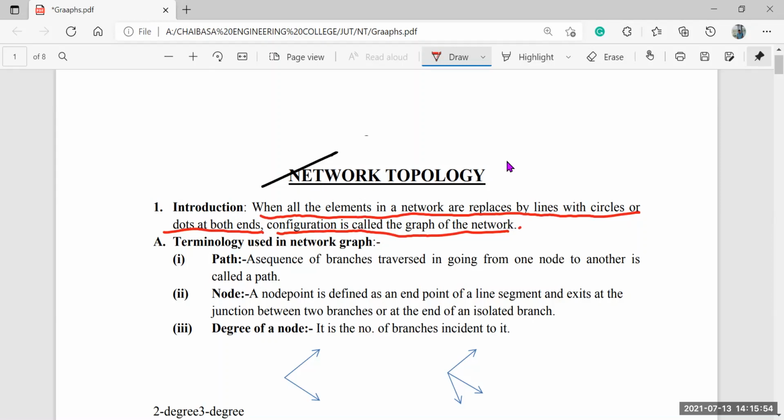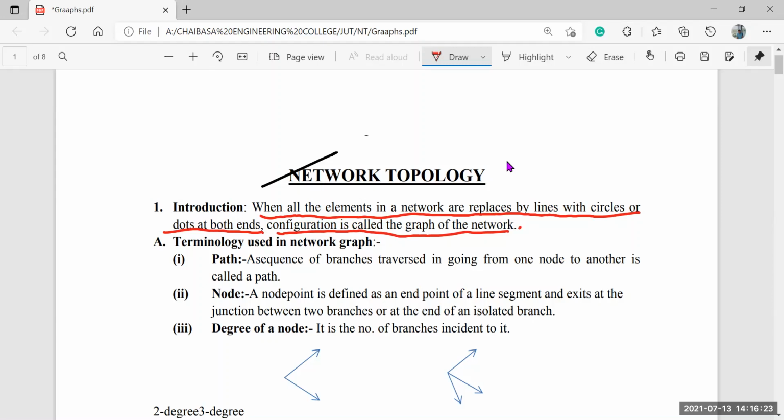So any electrical network can be converted to the graph of the network. So it is used to solve electrical networks.